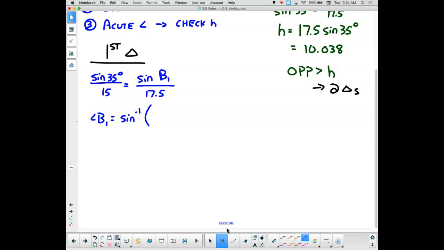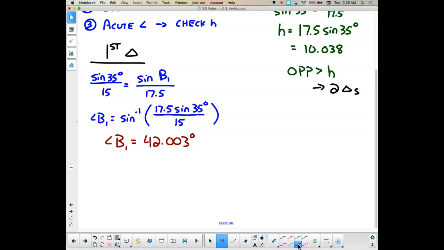Inverse sine of 17.5 times the sine of 35 degrees all over 15 tells me that angle B is 42.003 degrees. Yes?